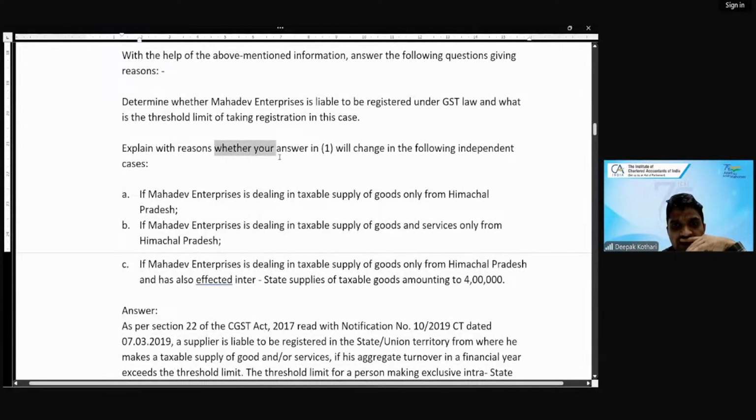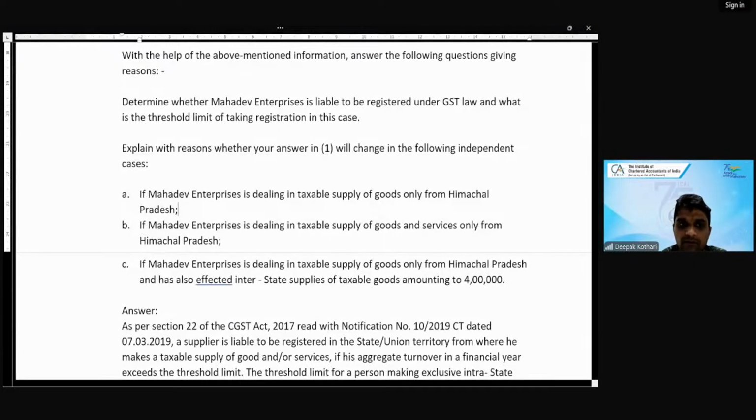Explain with reasons whether your answer will change if Mahadev Enterprises is dealing in taxable supply of goods only from Himachal Pradesh. इसका मतलब ये हो गया कि assume that he is doing taxable supply of goods only from Himachal Pradesh and nowhere else. And exempt in Tripura, exempt supplies. No, that they have not mentioned anything, so we can't assume that. Okay, sir.